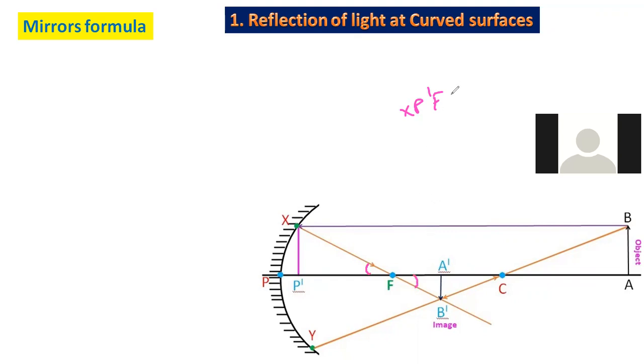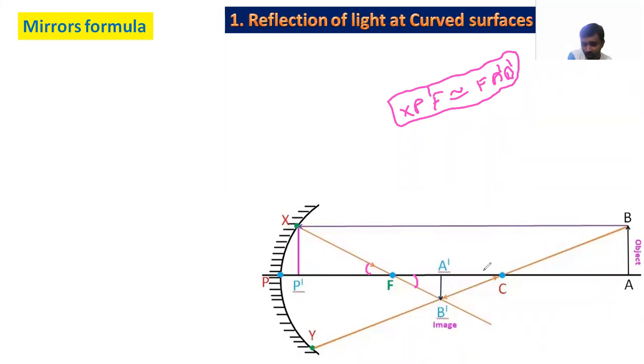Another one is triangle F A dash B dash. So another possibility is there. One more pair of similar triangles is available with opposite angles. See here, right angle triangle ABC. So it is A dash B dash C and ABC. Is it clear?